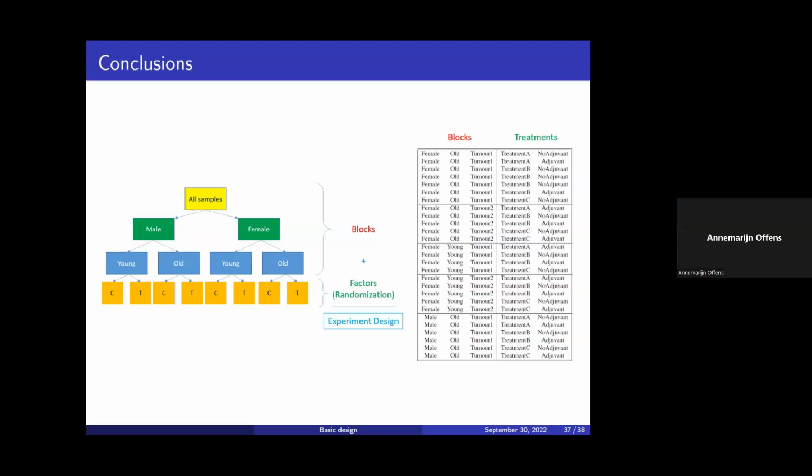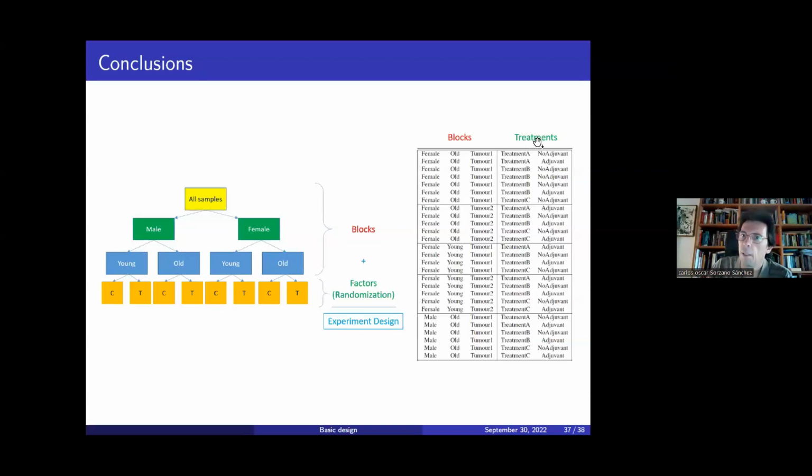But we have sometimes 4 treatments or 5 treatments. And then we have more young females and more old males or something. And it's not really possible to get. Yeah. So for instance, here in this example, you see, we have many more old females with tumor 1, and only one of them is receiving treatment C. It is important that at least one receives it.